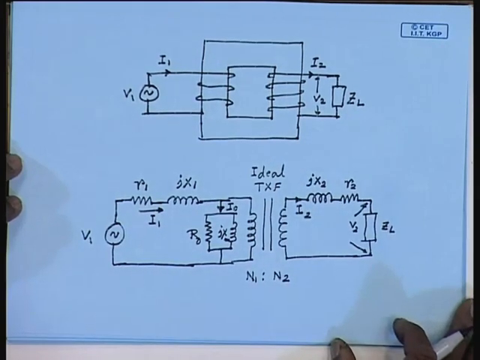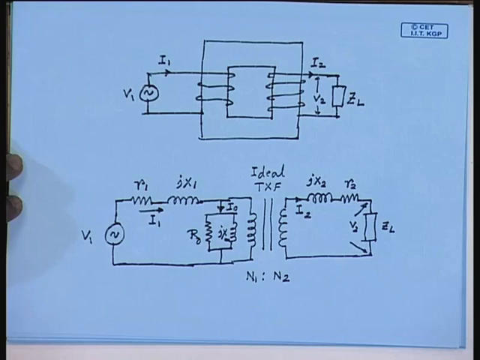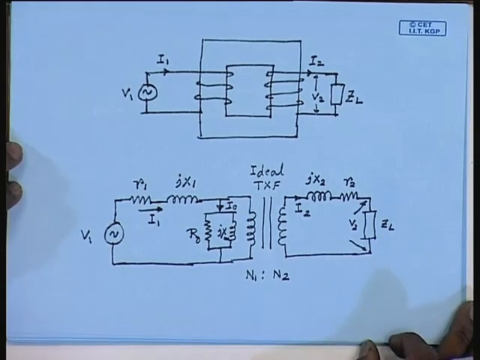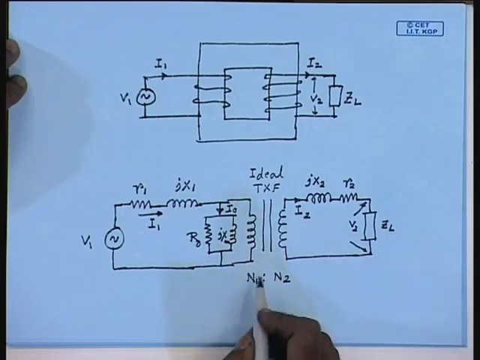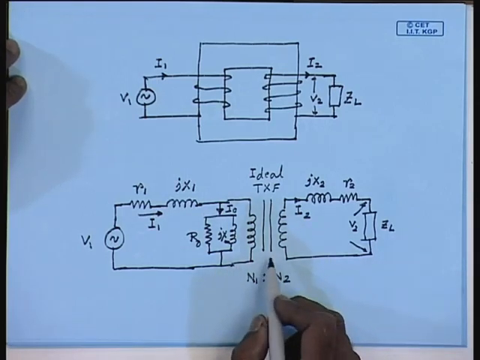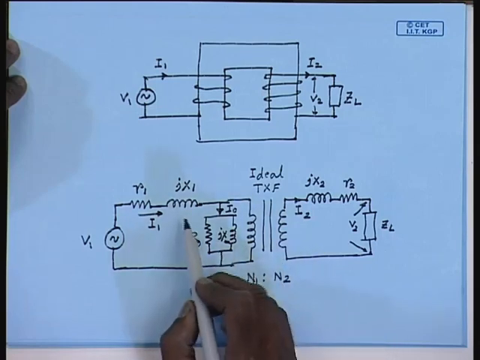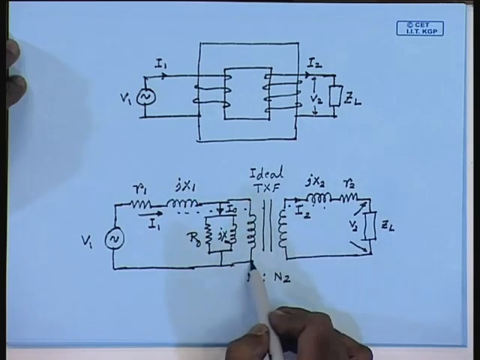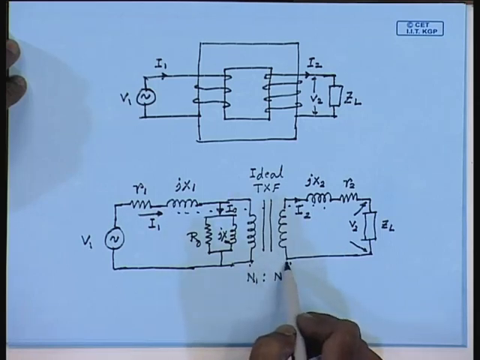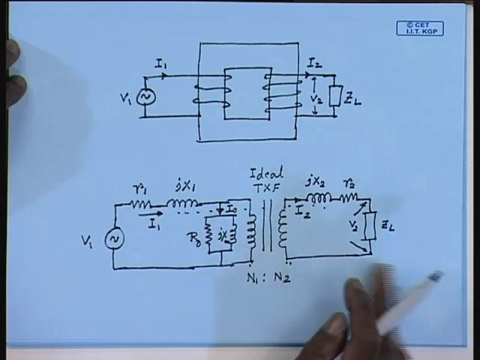We have also mentioned that this model is not very convenient for applying all the circuit analysis tools that we have learnt in our electrical technology class, since there is an isolation barrier at the ideal transformer, which means we cannot, for example, choose a loop current across the primary and secondary, since we do not know the voltage drop between the primary and the secondary winding of the ideal transformer.